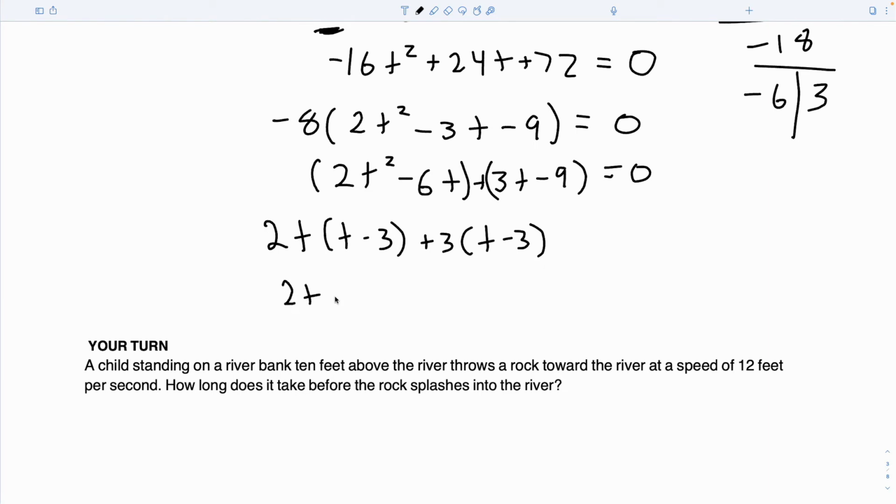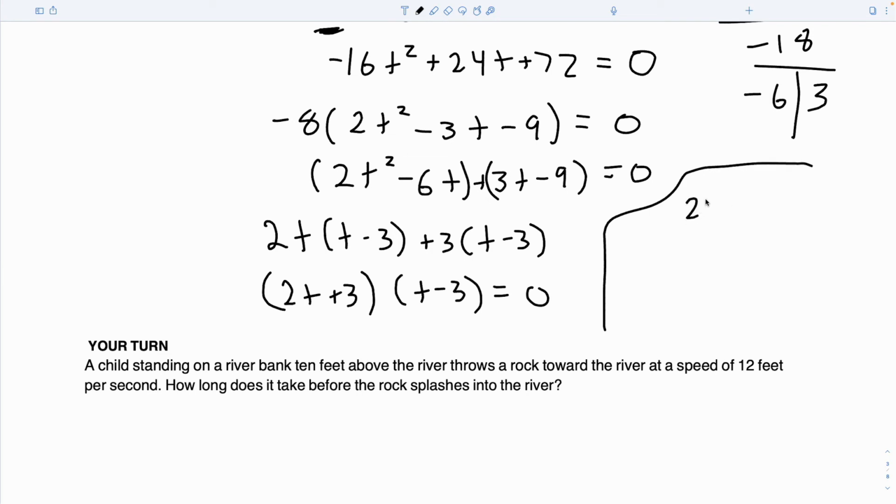So 2t plus 3 and t minus 3. Just by looking at this, what binomial should I use to find the answer? I can kind of mentally sift out the positive one ahead of time, Wyatt. Which one should I use? This one? Let's try it. Let's try this one, though.